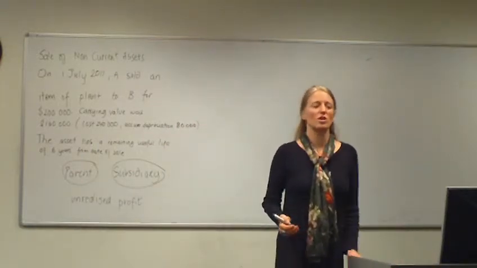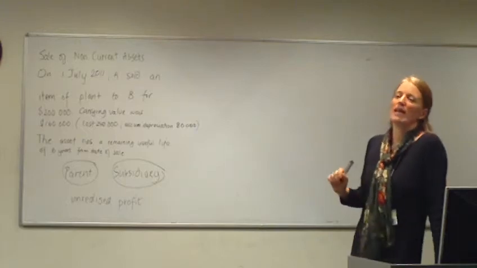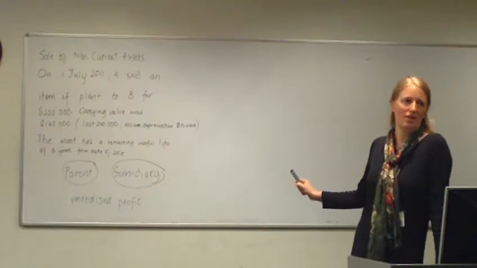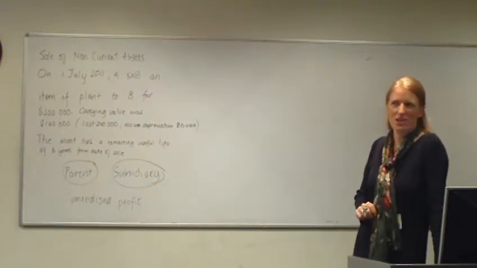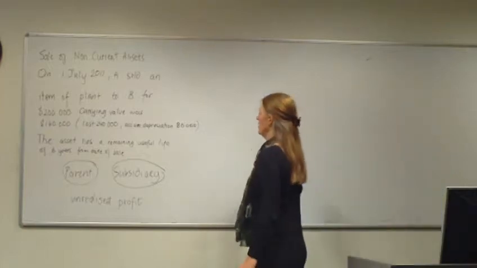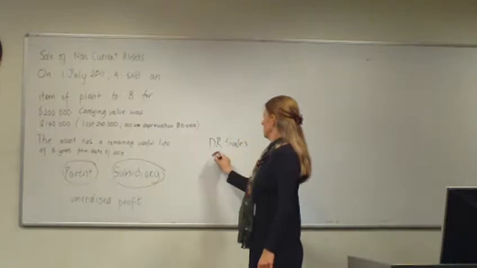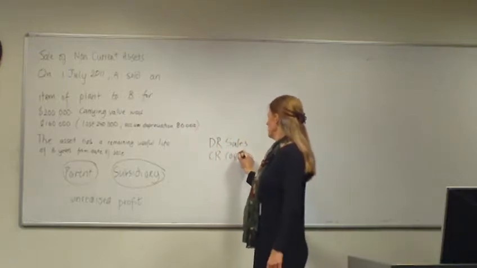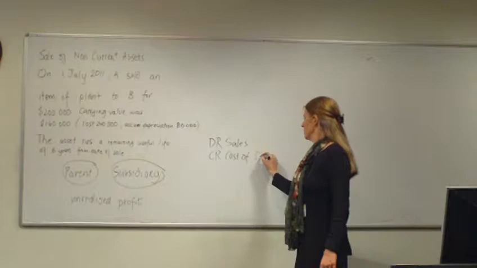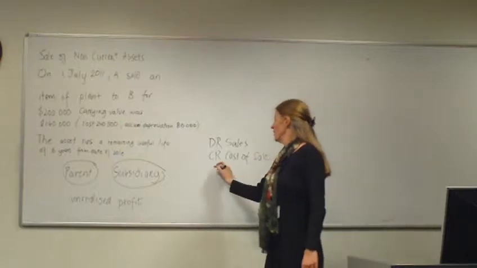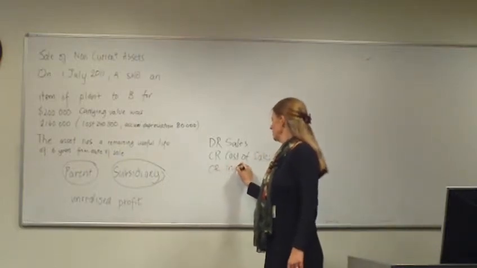So we had an unrealized profit in closing inventory, and the journal entries we had were: debit sales, credit cost of sales, credit inventory.